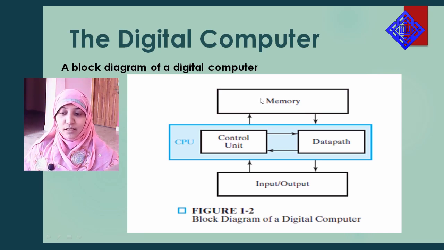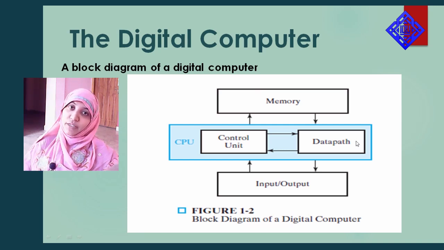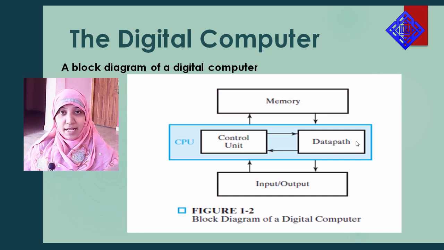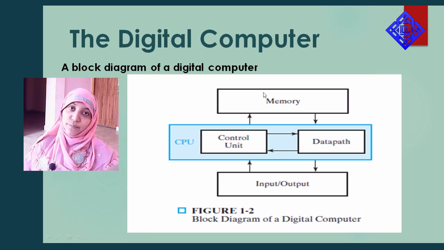Once again this data will be read from the memory and given to the data path, where we specify what operation it is going to perform, and these operations are nothing but addition. So this program has been stored in this data path. Again the two numbers, 3 and 3, will be added, and the final result is 6, which is going to be stored back into the memory.